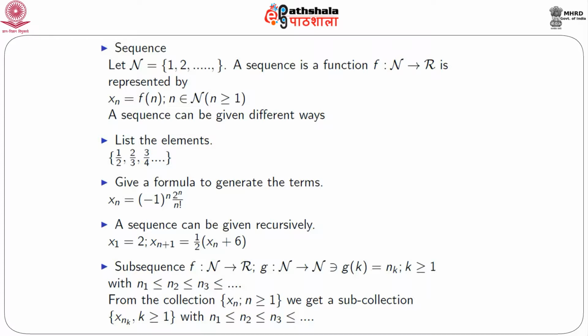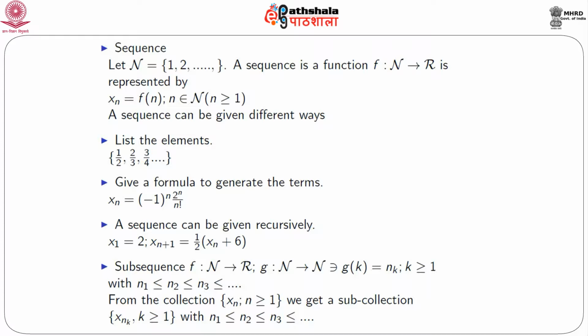Whenever you have a sequence, from that sequence we can construct a subsequence. How? Well, suppose I have a mapping from N to R denoted by f, then I have another mapping g which maps N to N such that g(k) is n_k, where we have a restriction that n_1 is less than or equal to n_2 is less than or equal to n_3 and so on.